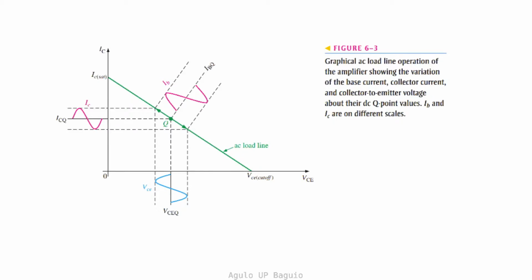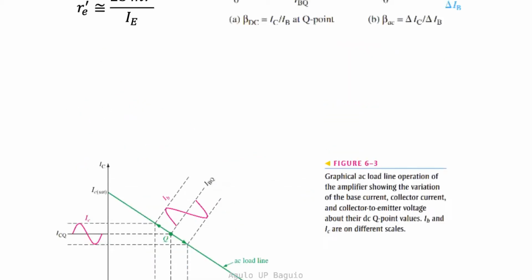Projecting the collector current to the load line at the Q point gives us the collector emitter voltage. If the input signal is above the Q point, the projection along the load line is a signal below the Q point along the VCE axis. If the input signal is below the Q point, the projection along the load line is a signal above the Q point along the VCE axis.